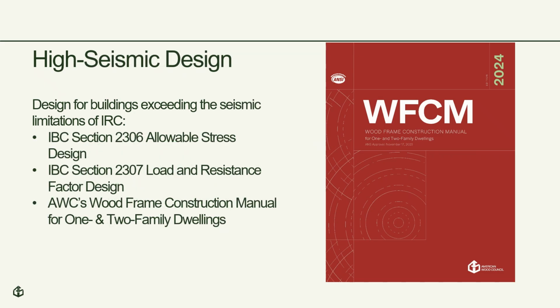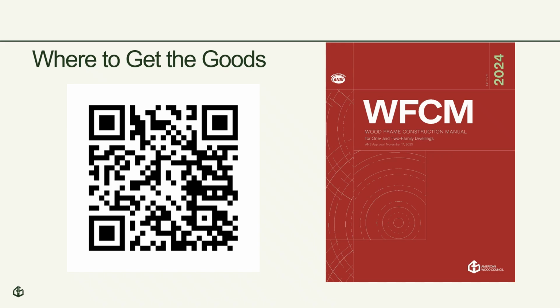Where exceeding the seismic design limitations, it's permissible to design in accordance with the IBC or AWC's Wood Frame Construction Manual for One- and Two-Family Dwellings. AWC's Wood Frame Construction Manual for One- and Two-Family Dwellings, as referenced in the IRC, is available on AWC's website, www.awc.org.